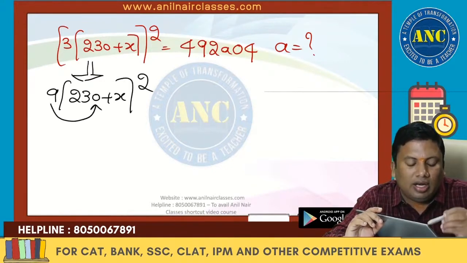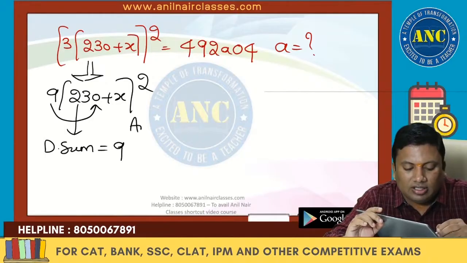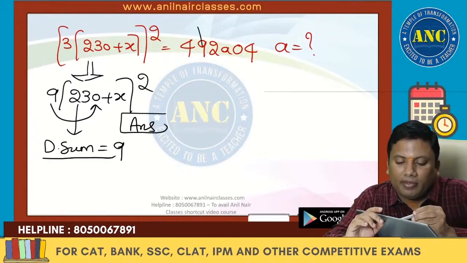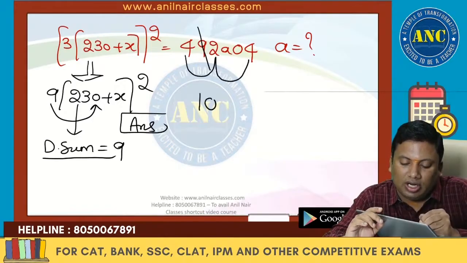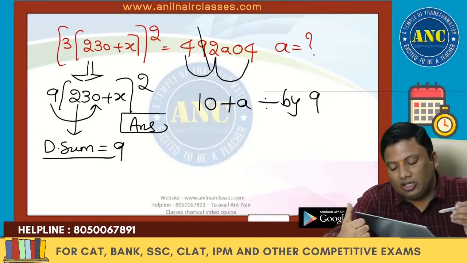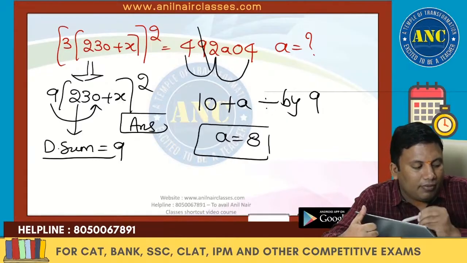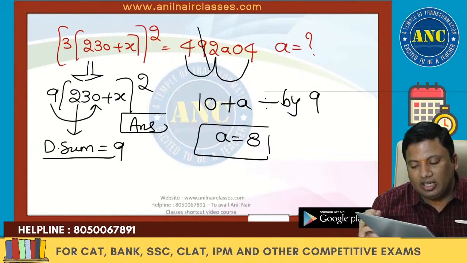If I multiply any number by 9, the answer's digital sum should be 9. Just now we discussed, the answer's digital sum should be 9. 9 is eliminated. 4 plus 2 is 6, 6 plus 4 is 10. 10 plus A should be divisible by 9. After 9, what is the next multiple of 9? A is nothing but 8. 10 plus 8 is 18.